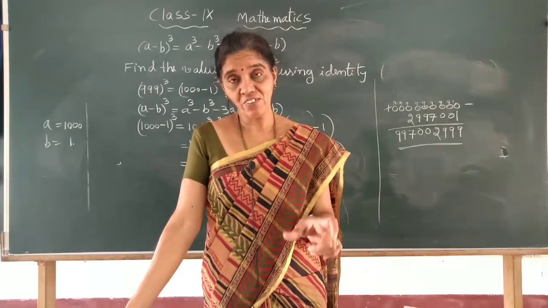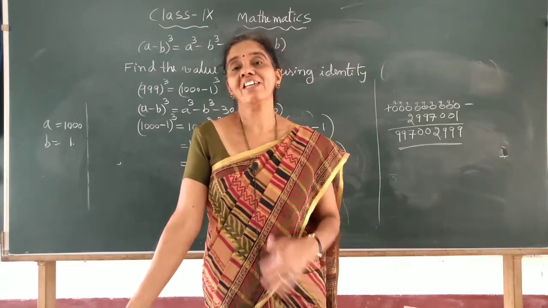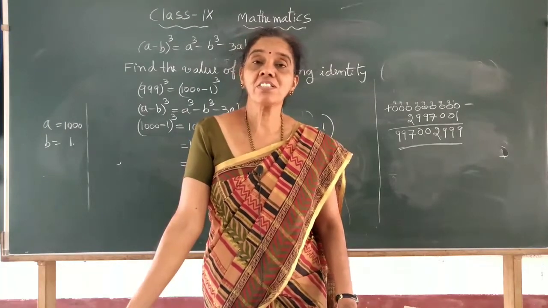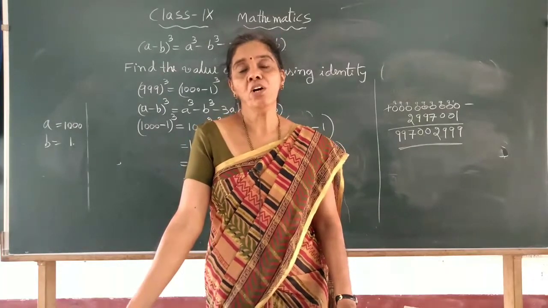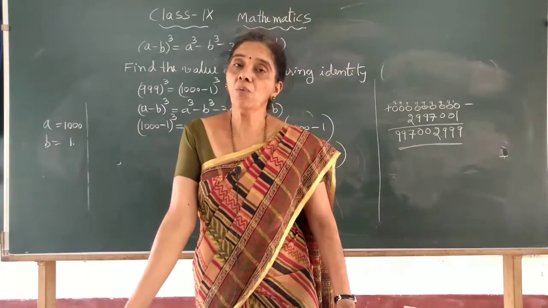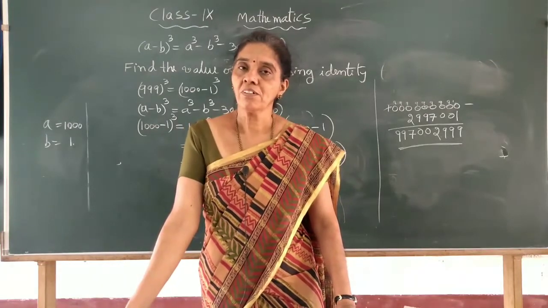They will give the product in the expanded form, and they expect us to say which is a and b. You have to find either a plus b whole cube or a minus b whole cube. So, it is a reverse process now.